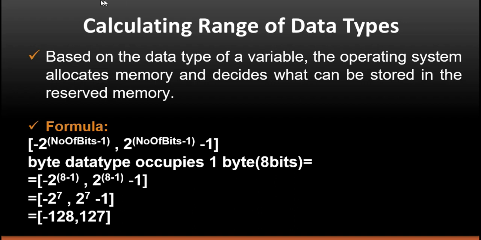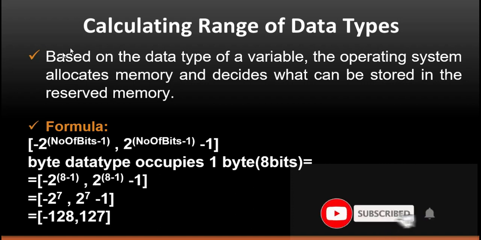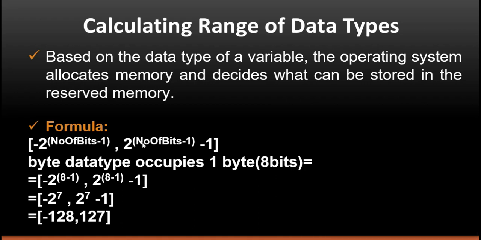So here is the formula which gives you the range of a particular data type, that is, what values it can store. The formula is [-2^(number of bits - 1), 2^(number of bits - 1) - 1]. I have given square brackets, which means both values are inclusive. This gives the range of a particular data type, and it specifies the values we can use for that data type.